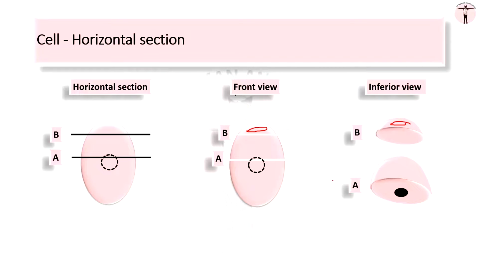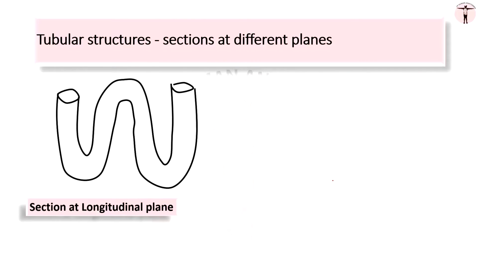So that is how you identify the cells based on the sections passing through different planes. Now let us see sections passing through luminal structures. The sections look different for luminal structures.